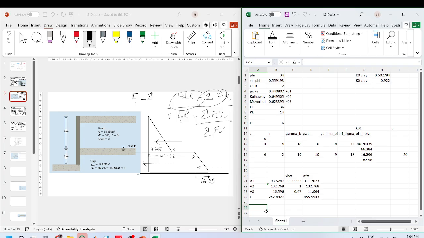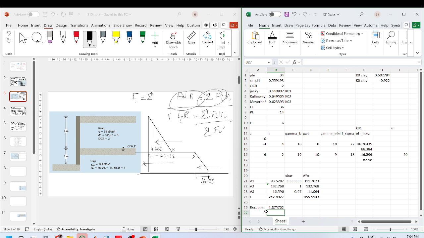So the resultant position will be this divided by this.